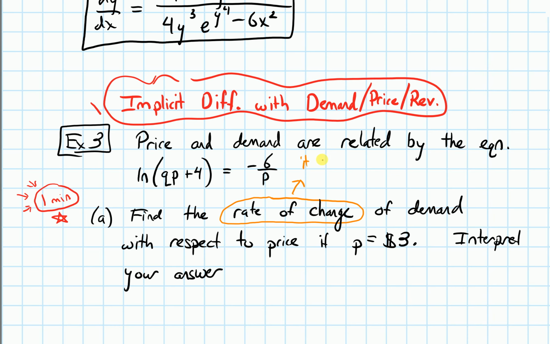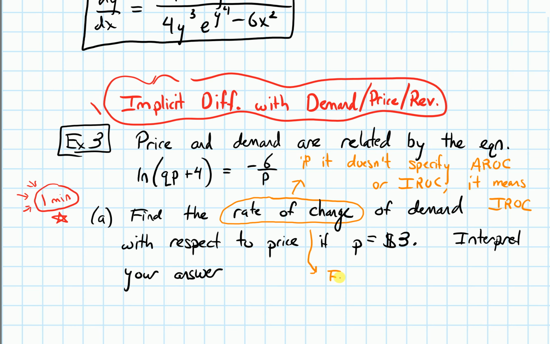If it doesn't specify whether it's average rate of change, AROC, or instantaneous rate of change, IROC, it means instantaneous rate of change. So if a question just says, find the rate of change, it means find the instantaneous rate of change. And the instantaneous rate of change, remember, is the derivative.